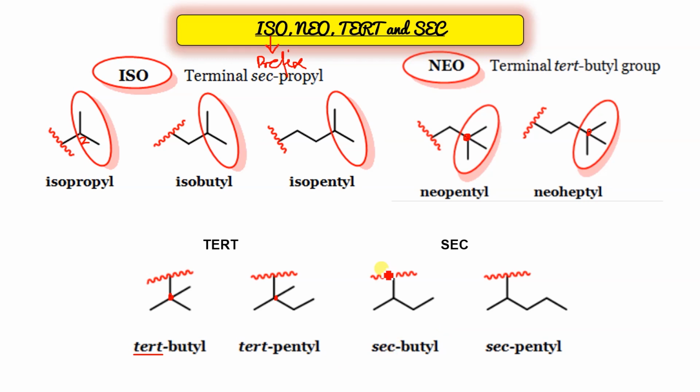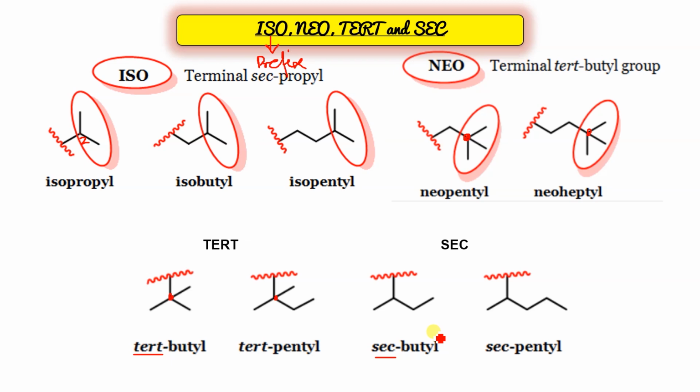Now next is sec. When it is iso, it is a prefix, and sec is when the group, the prefix is attached with the main chain with its second position.